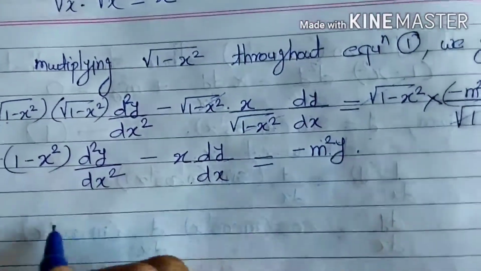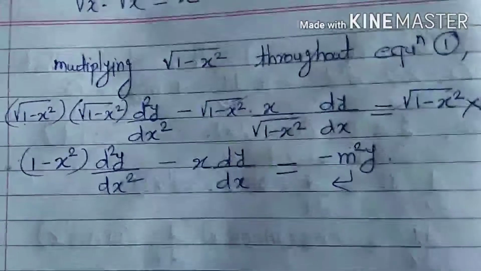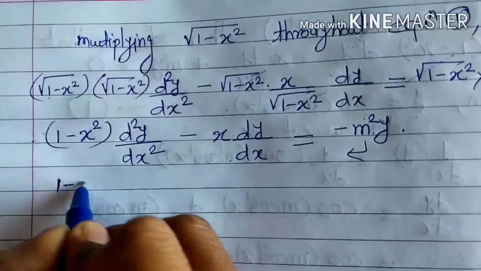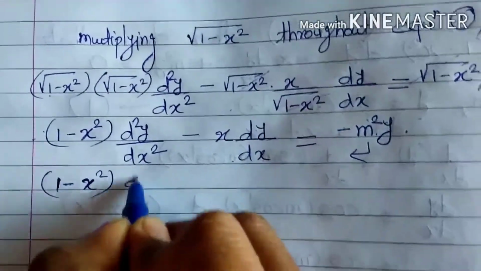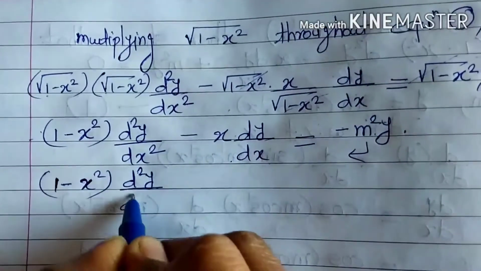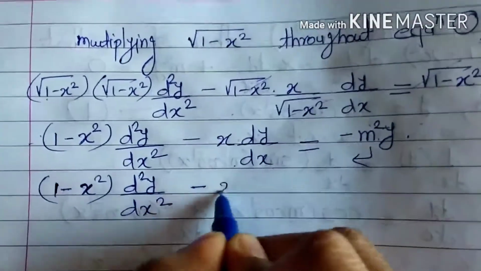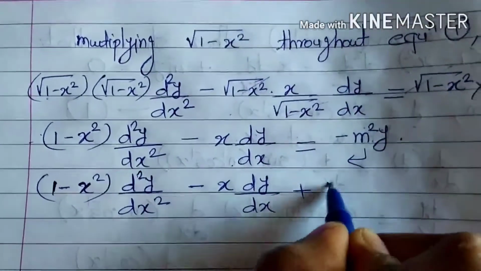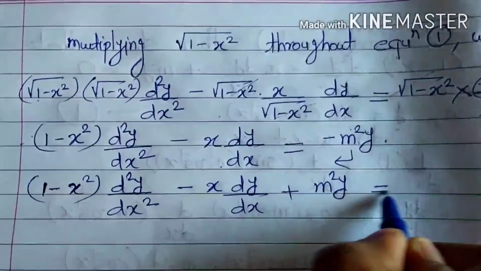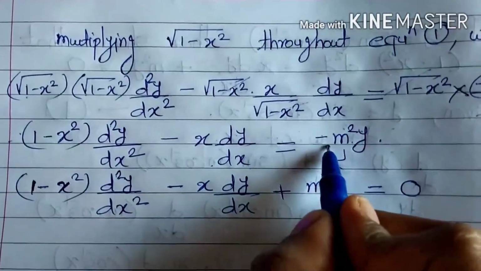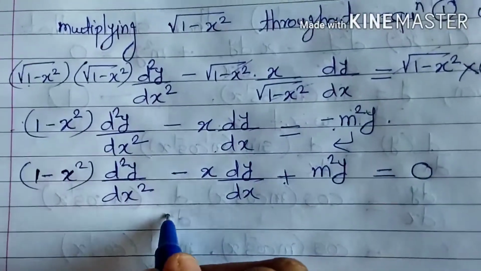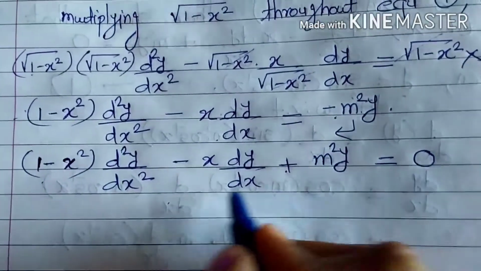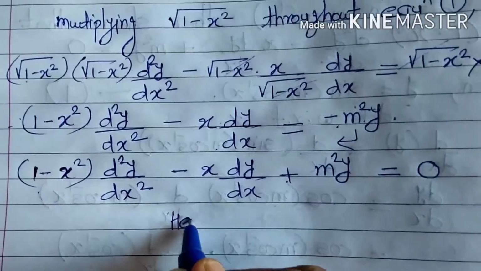Take it on this LHS side, you get 1 minus x square d2y upon dx square minus x dy upon dx plus m square y, which is equal to 0. This minus will become plus. This expression we have to show, hence proved.